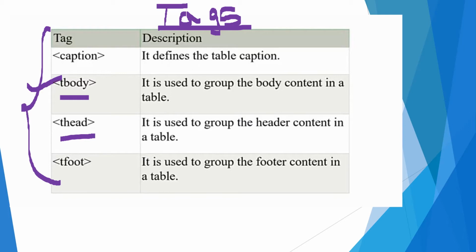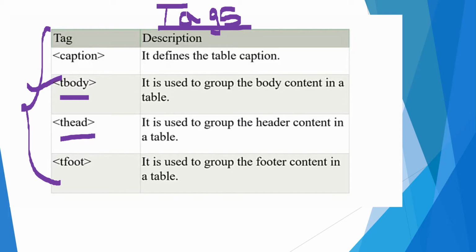Footer means, for example, in some tables there may be a total. For example, if you write student marks in a table, then there is a last row with the total, or the monthly earnings of a person.